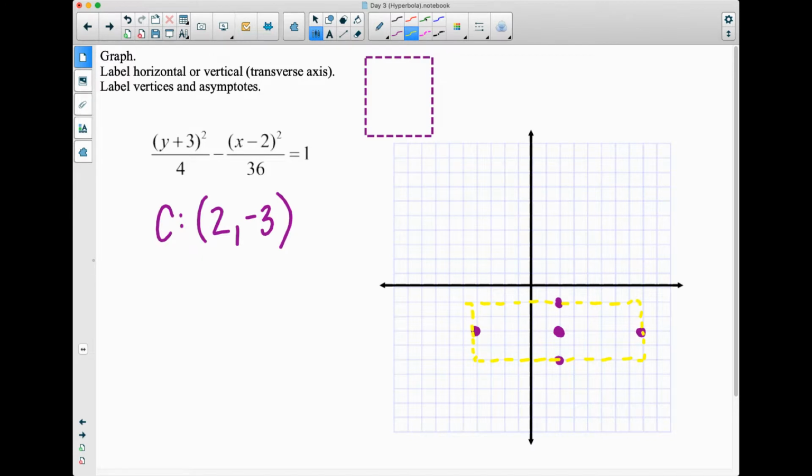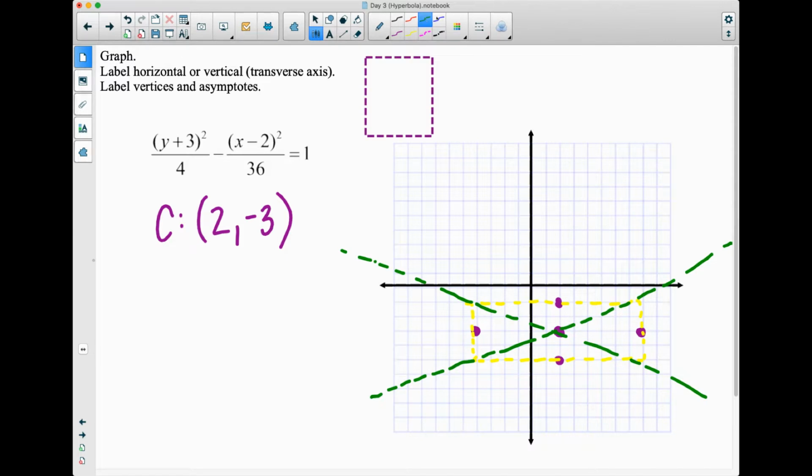Okay, so now we draw our asymptotes. So you go from corner to corner. See if you can do this because it's not drawn perfectly to scale there. And you guys said it was a vertical hyperbola.